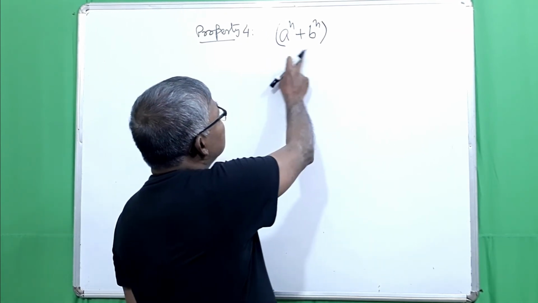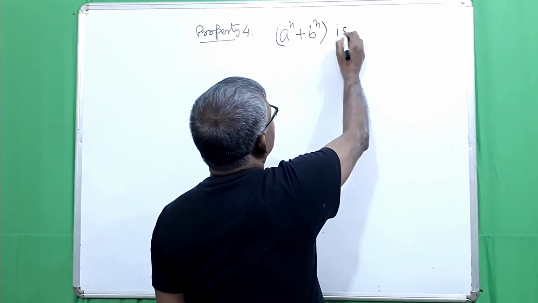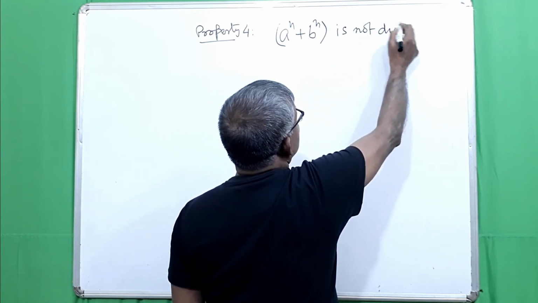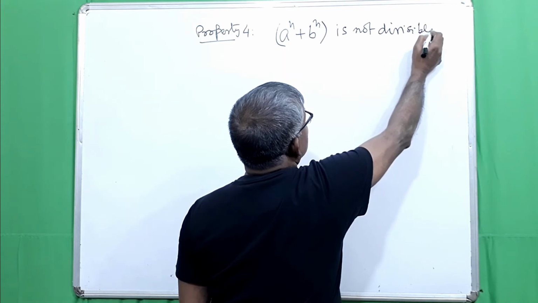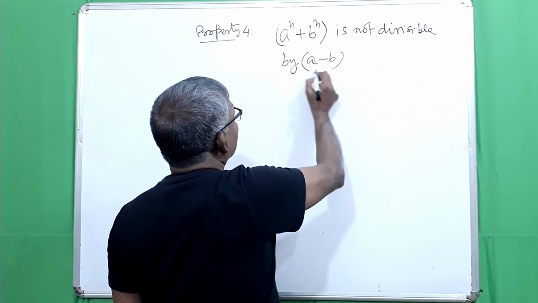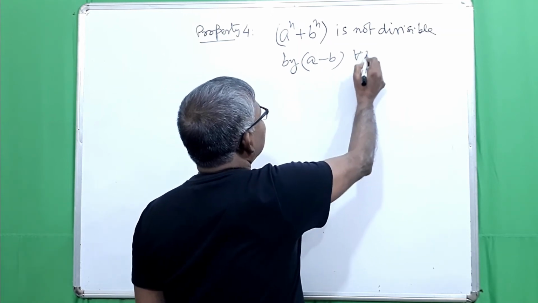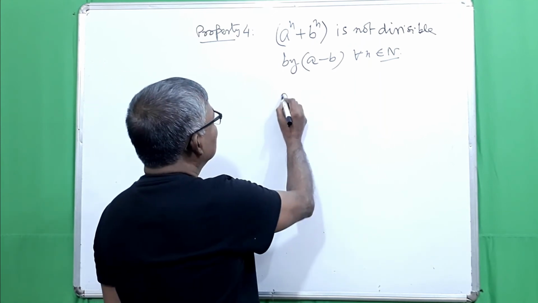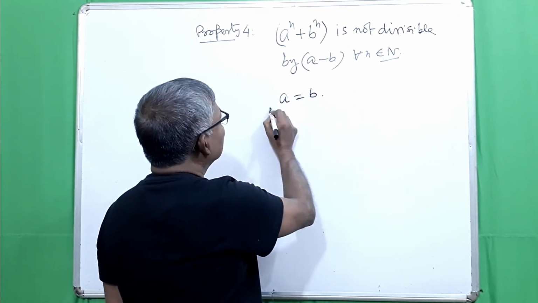a^n plus b^n is not divisible by a minus b for every n belongs to N. Let us consider a equal to b.